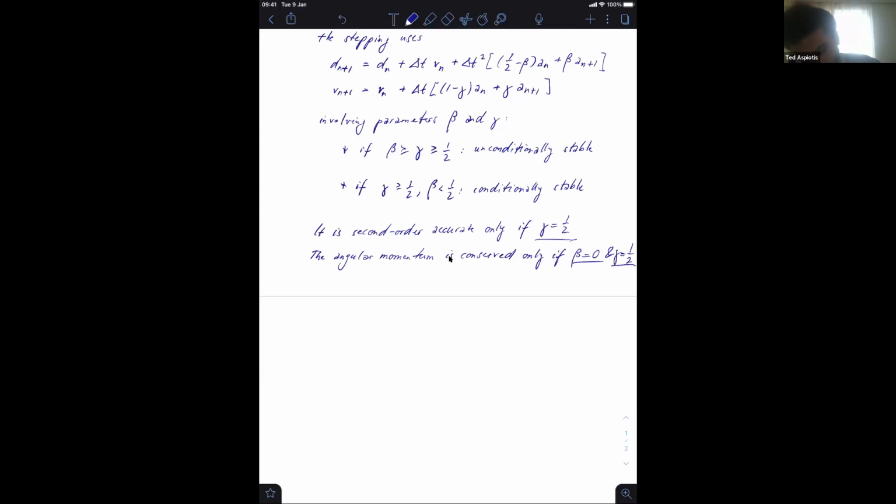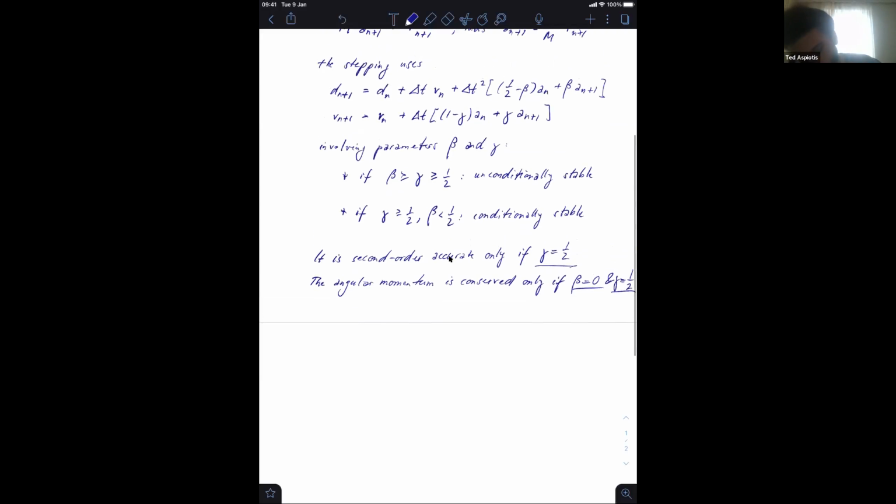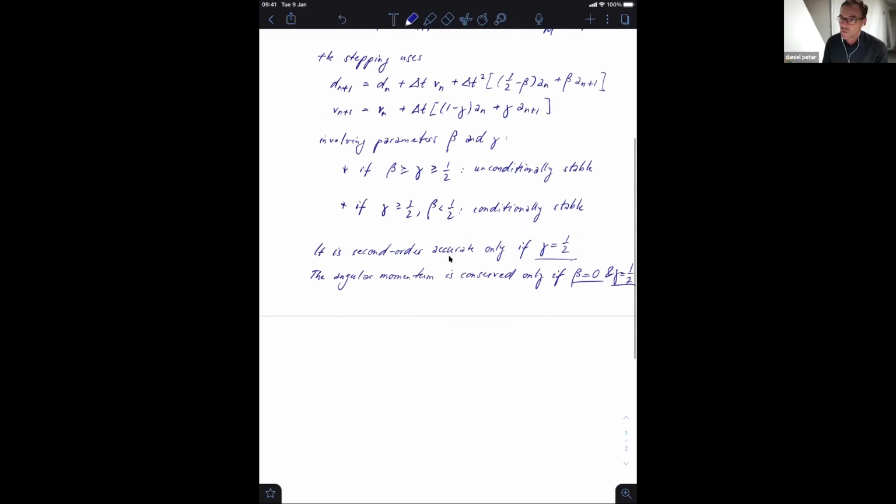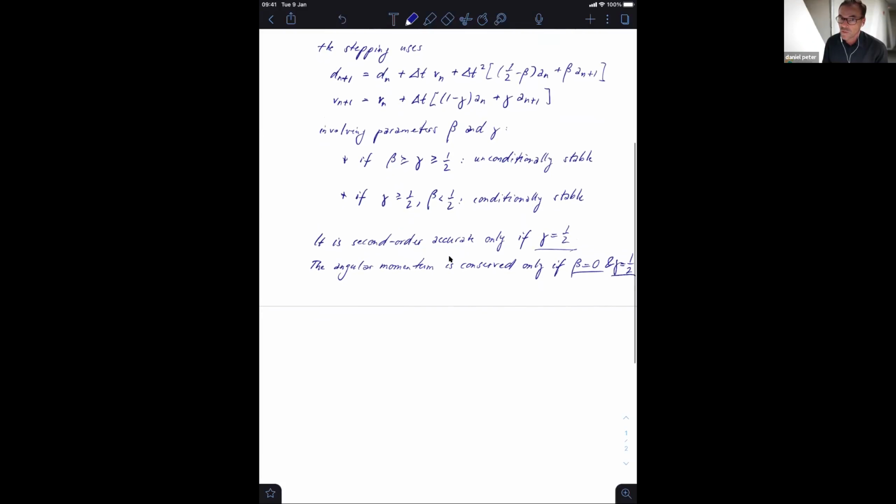So at the end, it becomes an obvious choice for the wave equation. So we want to have beta equals 0 and gamma equals 1/2. So let's use that choice. So this leads to what then?